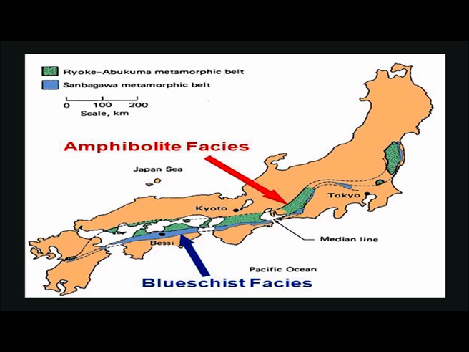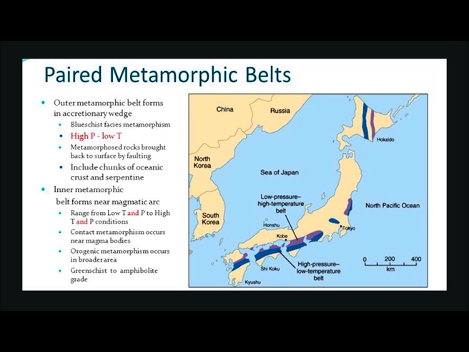The juxtaposition of high pressure-temperature and low pressure-temperature metamorphic facies types has been called Miyashiro's paired metamorphic belt. The low pressure-temperature metamorphic belt is the ancient island arc, which in this case has been thrust up against the subduction complex.